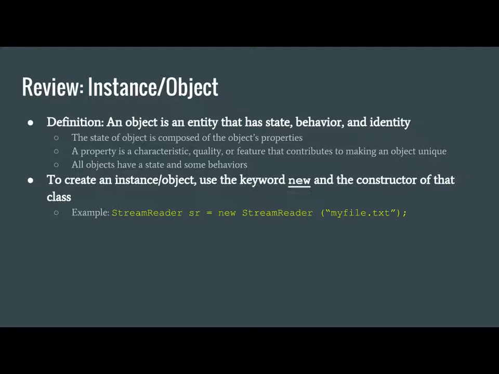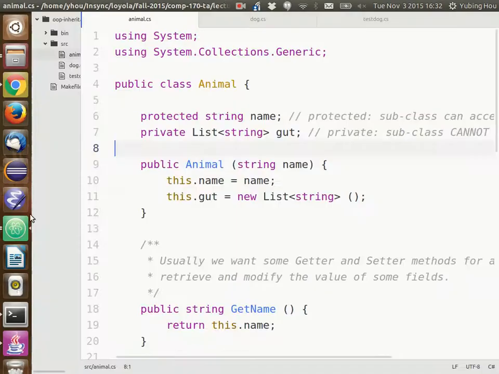There are some states for the foggy object. In our case, for the Animal class, we have a name for the animal and a gut, which is a list of strings. Therefore, the states of the foggy that we instantiated are name and gut.